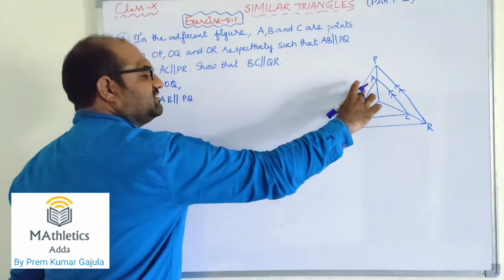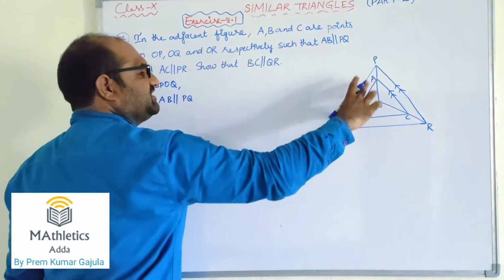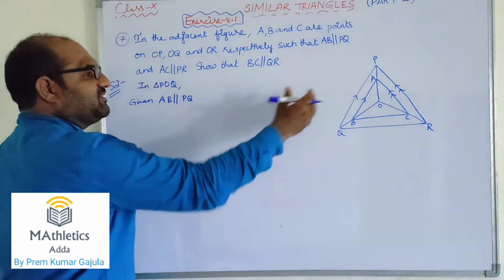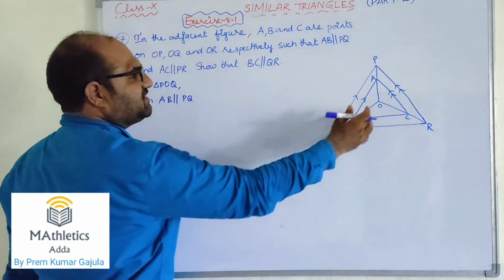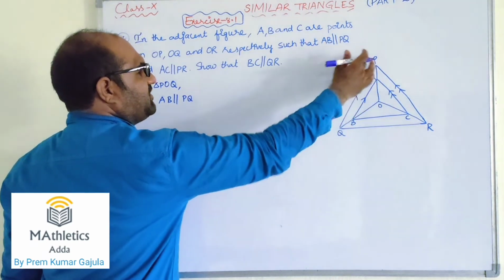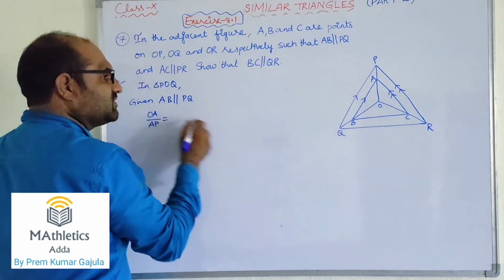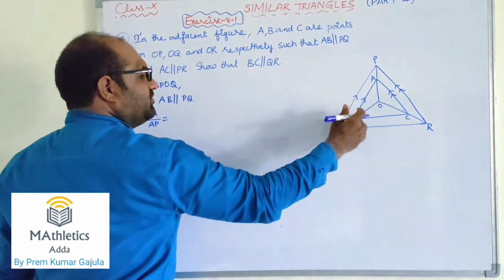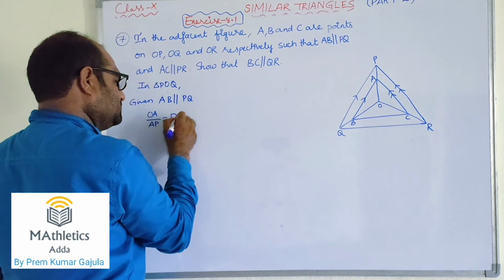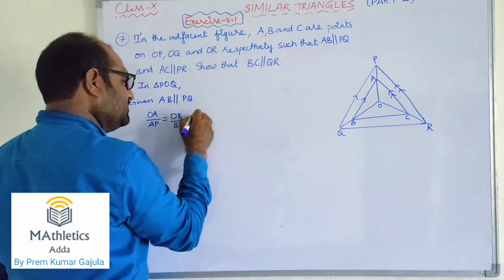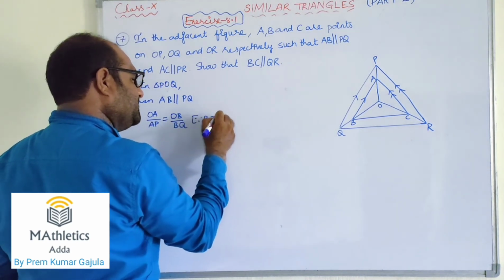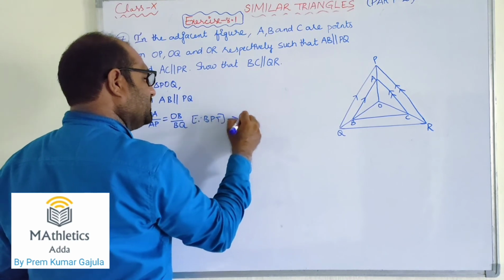If this is parallel, then it divides the other two sides of this triangle in the same ratio. So I am applying the BPT theorem. OA by AP is equal to OB by BQ, from BPT. Let it be equation number 1.